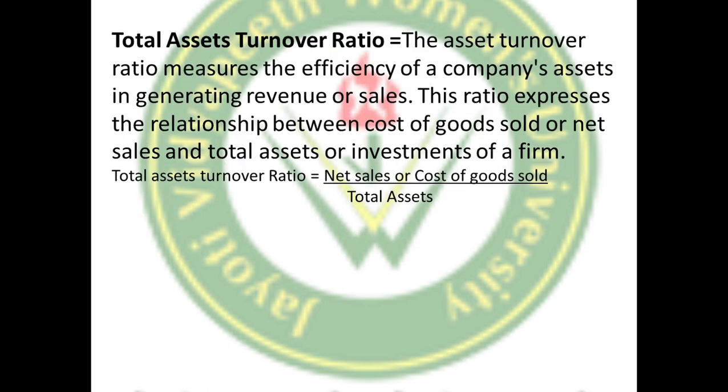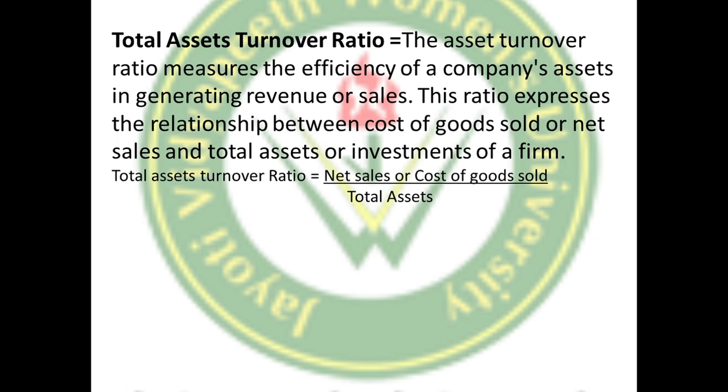Next, we are going to talk about total asset turnover ratio. This ratio basically talks about the efficiency of the company's assets in generating revenue or sales. That means how efficiently the company's assets generate revenue for the company.